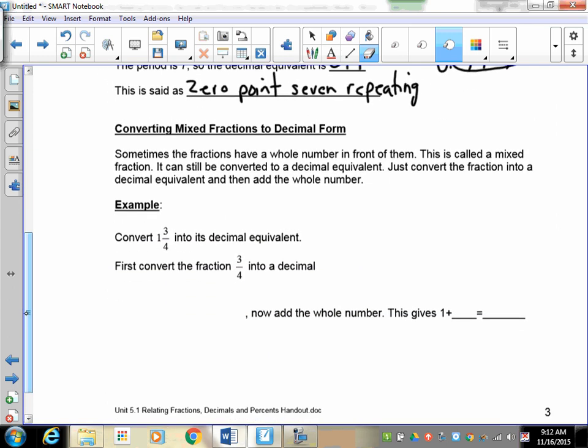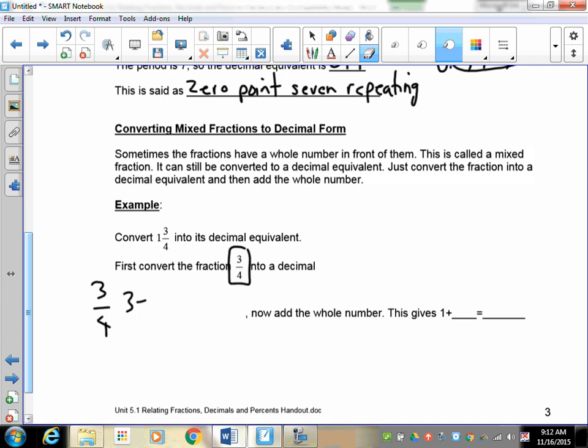Okay, so what happens when you do mixed fractions? Well, mixed fractions are not that difficult because you're not going to use the whole number. The conversion applies to the fraction portion, 3/4, of the mixed number. So all you really have to do is ignore the 1 for the first part and just change the 3/4 into a decimal.